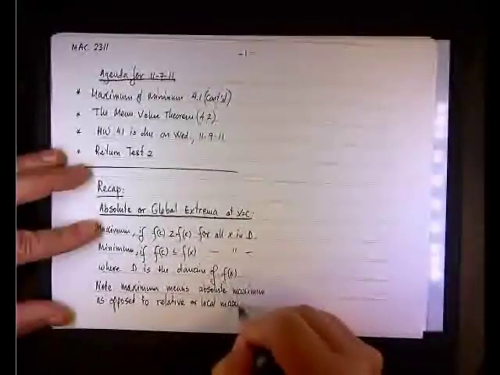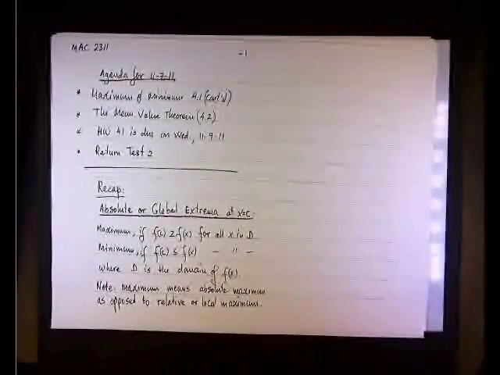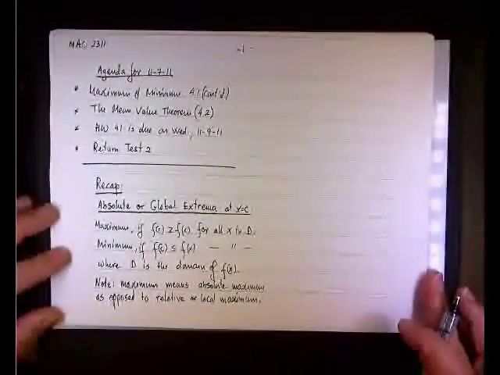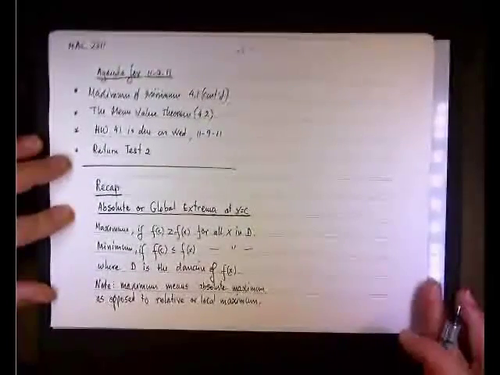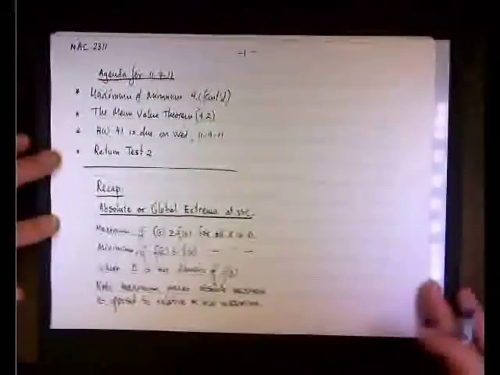So in other words, if we say just the word maximum or just the word minimum, then we mean absolute or global. So we use the, I guess, adjective in this case, relative or local.